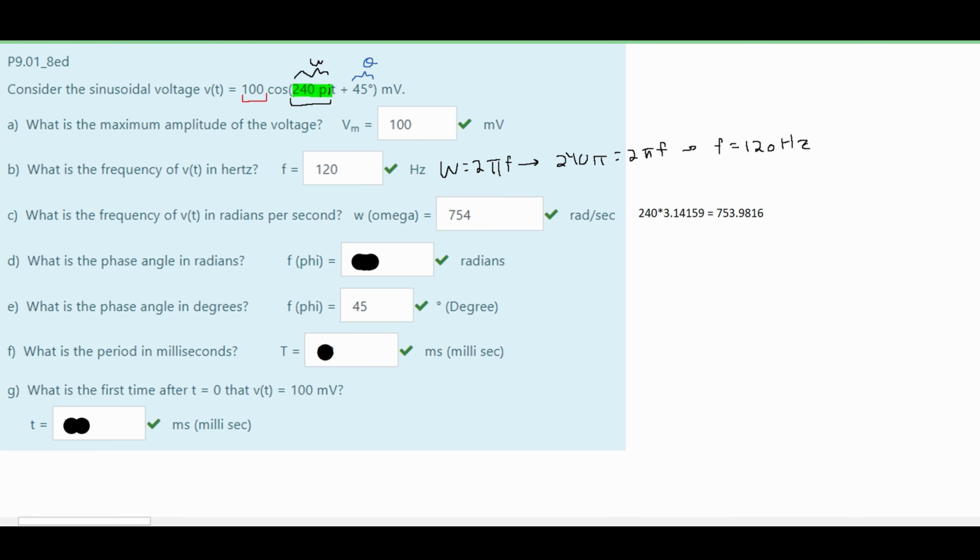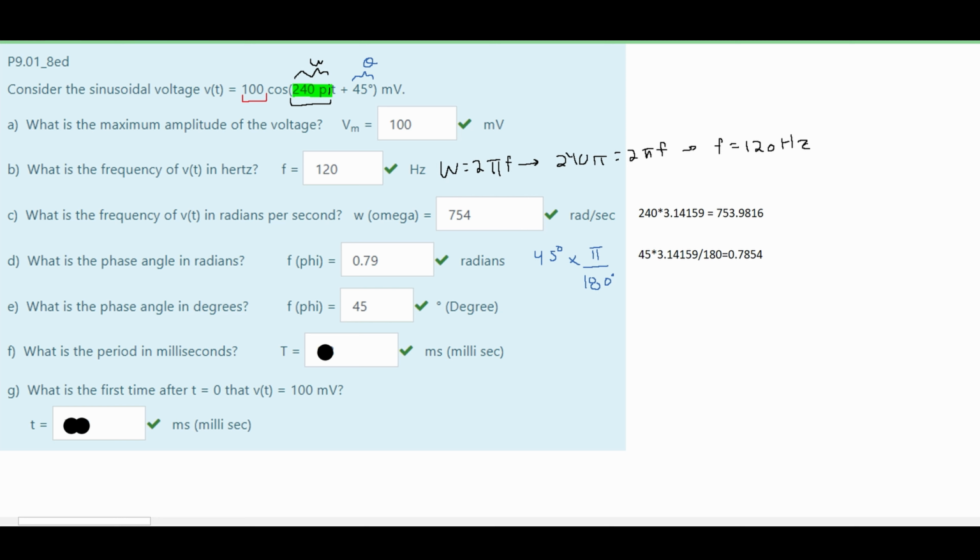To convert anything to radians, we take what we want to convert, multiplied by pi over 180 degrees. This gives us approximately 0.7854, which is about 0.79 radians. And that is the answer for this part.